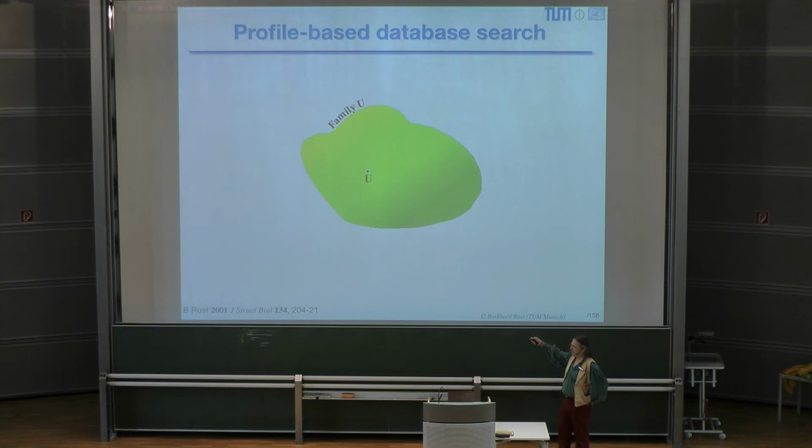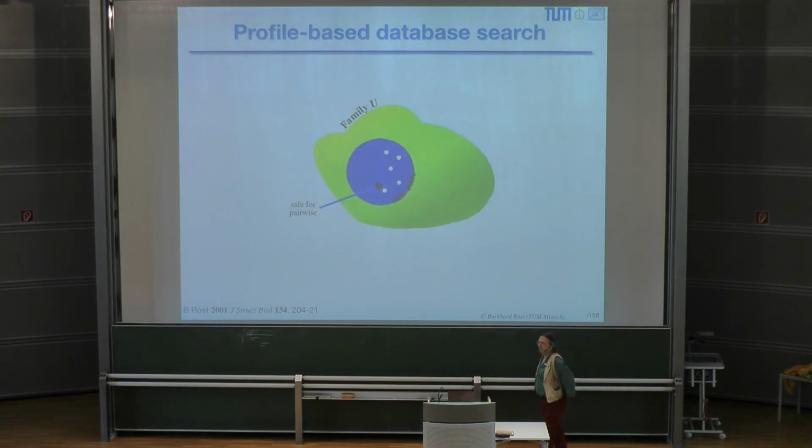You start from here. In the first step of BLAST, what you're going to do is find a circle around that sequence, right? Because you simply compile an e-value. And the e-value is based on pairwise comparisons. So that essentially is just a circle around the initial U, which is at the center of the circle.